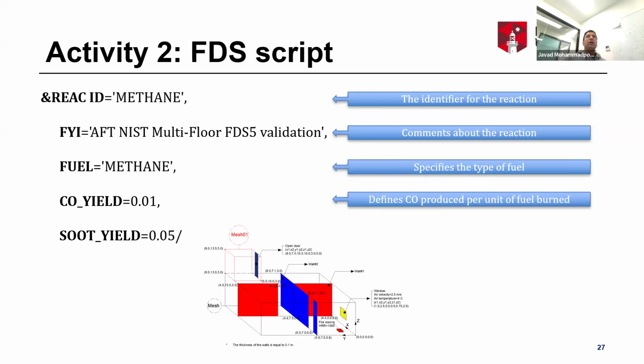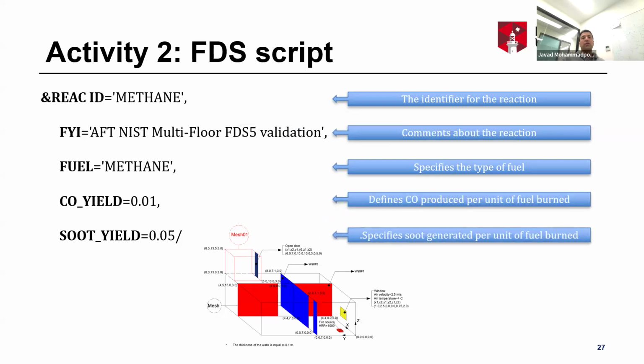We can consider that as 0.1, but what is its meaning? It means that from 1 kilogram of fuel, we have 1% of that as CO, and for the amount of soot, we consider 5% in the 1 kilogram of fuel.